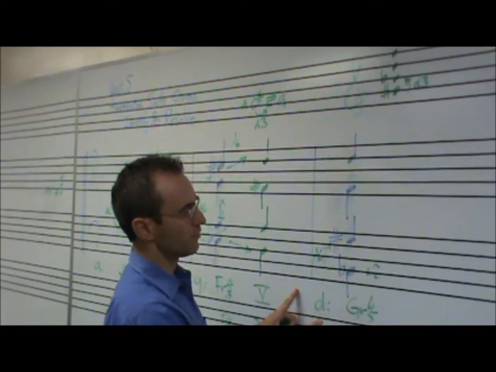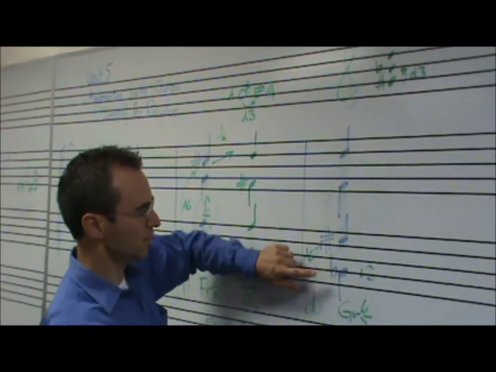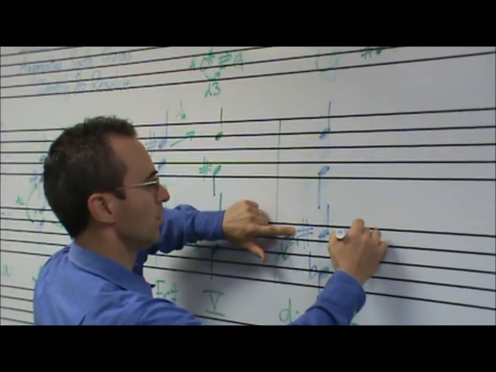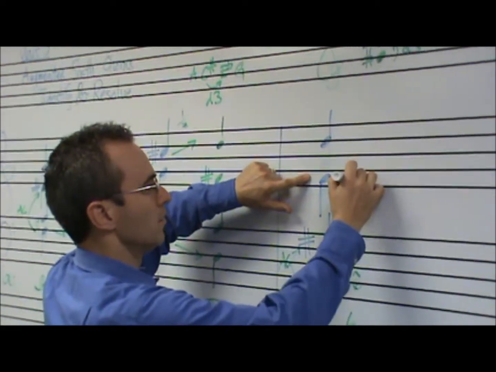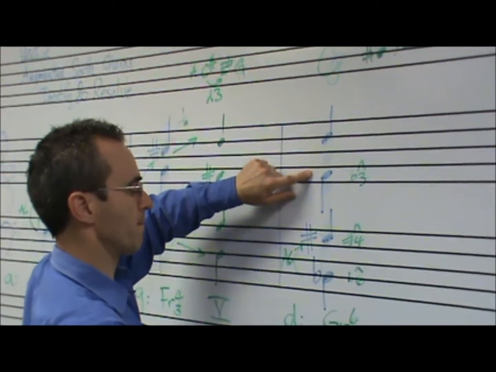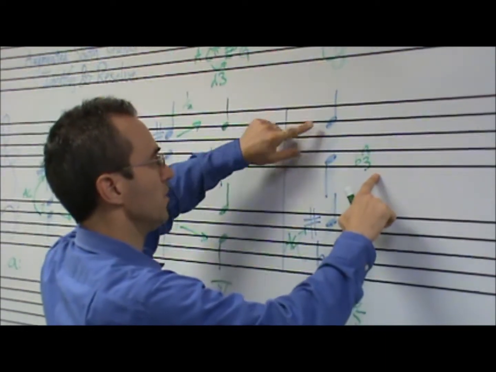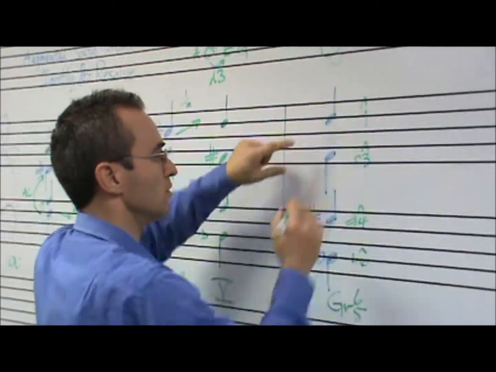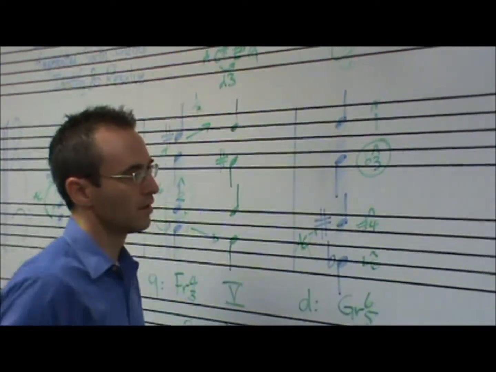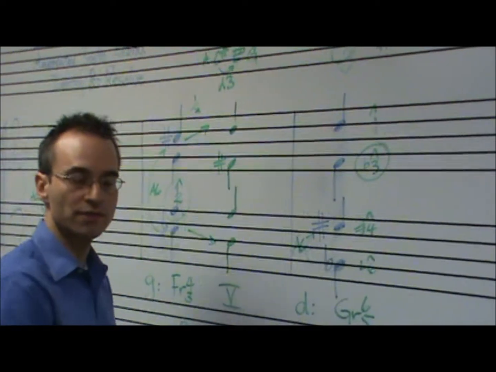Okay, now think of scale degree content here, and we've got flat 6, sharp 4, lowered 3, and D, scale degree 1. Now this is the tip-off right here that we're dealing with the German 6/5.